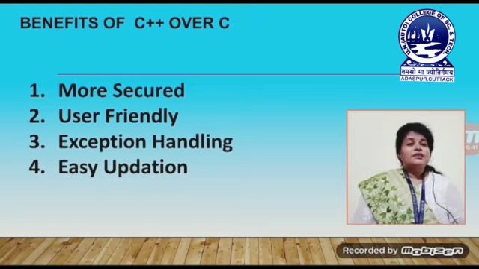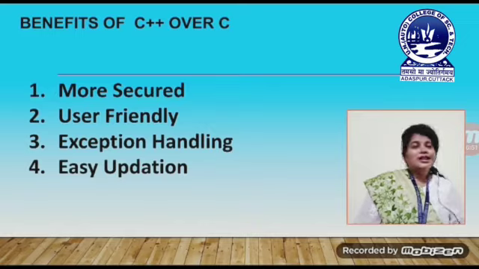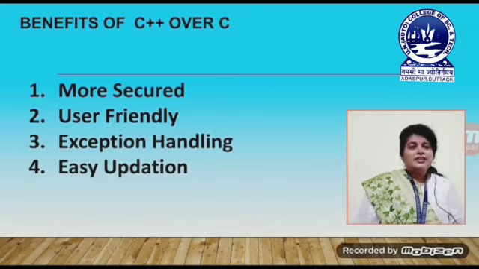For these two features, it is more secured in comparison to C. In C, the data is different and instructions are different, but in C++, data and instructions are combined and used as a single entity.